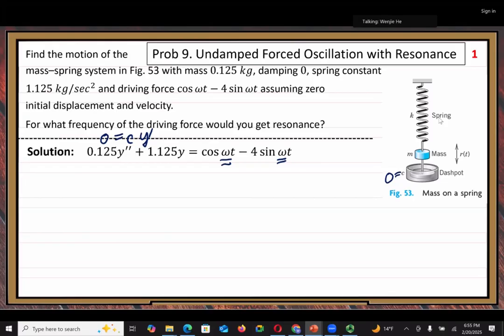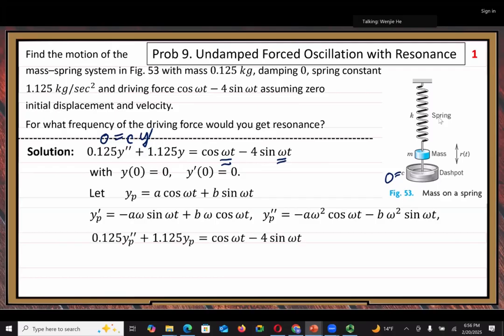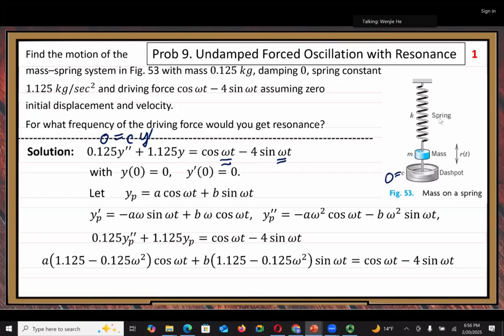The initial condition, the same way. But this time we take y prime p and y double prime p, and plug into the original equation. Then combine the terms, and compare both sides.